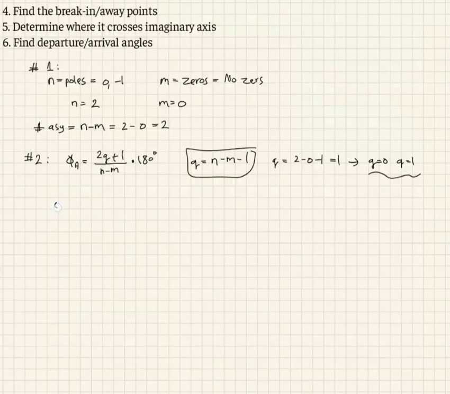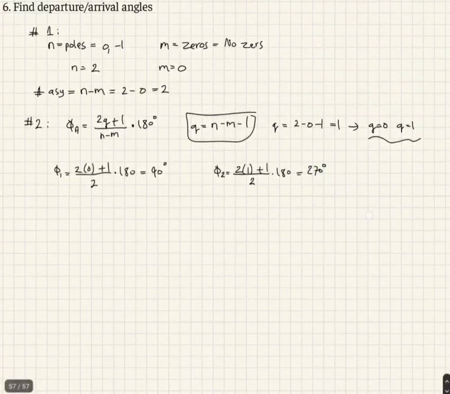Now let's see. The first angle is (2 times 0 plus 1) over n minus m, which is 2, times 180, equals 90 degrees. For the second asymptote angle, (2 times 1 plus 1) over 2, times 180, equals 270.